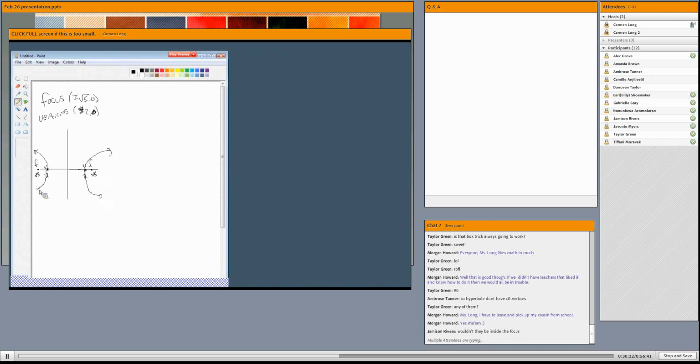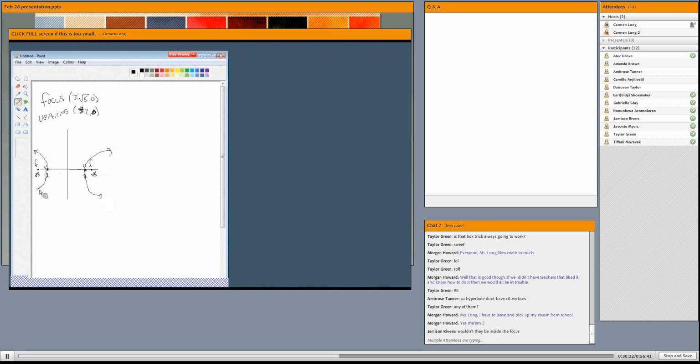2 squared. Now, I don't know the one that's going to go out here at the endpoints of the conjugate axis, but I know the distance of c. The distance of c is going to be dandy, Pythagorean identity. And because it's a hyperbola, it's a squared plus b squared equals c squared.